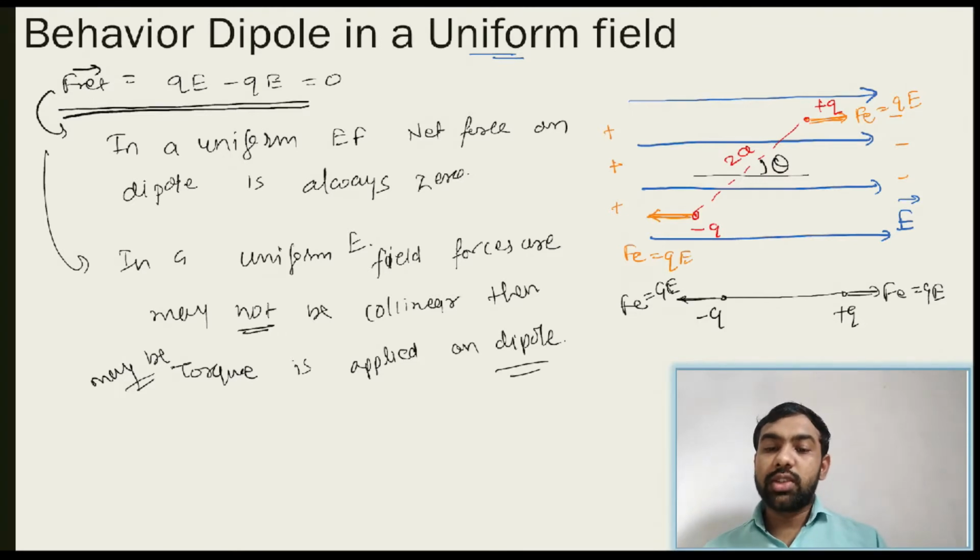I am not telling you a torque is always applied, but maybe a torque is applied on a dipole. So this is the simple behavior of a dipole in a uniform electric field. Then after this, we go to the next one.